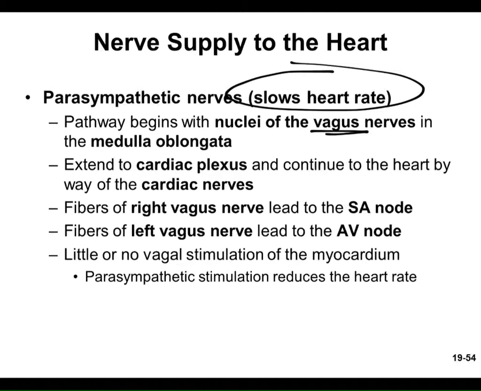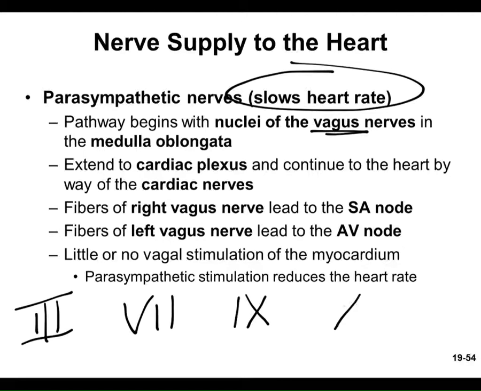Now remember, what cranial nerves are involved in parasympathetic signals? Those are the four nerves, right? 3, 7, 9, and 10. Those are the four cranial nerves that are involved with parasympathetic signals.